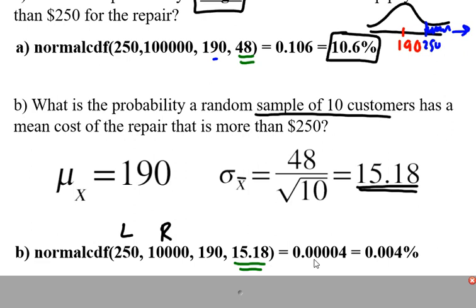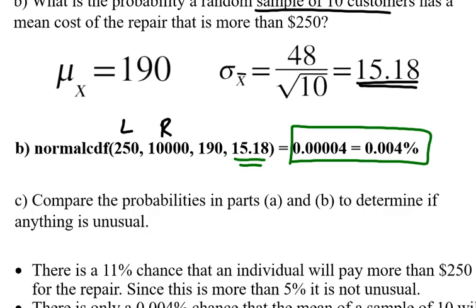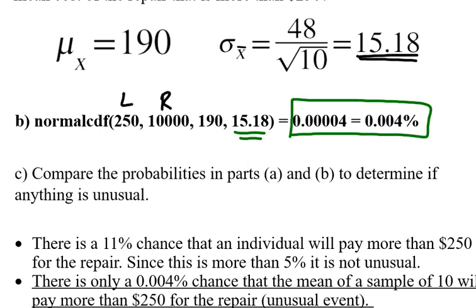If I run this, I find it is highly unlikely that a sample of 10 would have a repair cost that is more than 250. So if I actually found that that shop had this occurring, that I took a sample of 10 customers and they had an average cost more than $250, what we really know then is it's highly unlikely that they're actually charging what they should be charging.